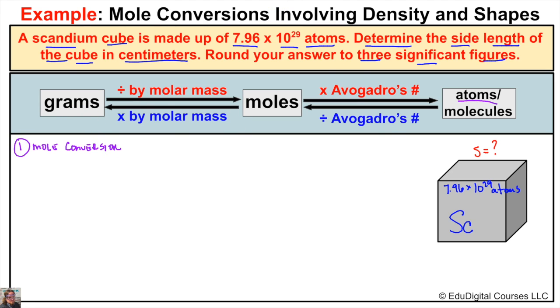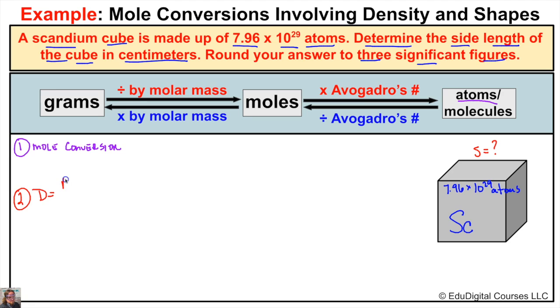Once we figure out the mass of the cube, what can we do next? Well, let's think about this. If we know the mass of the cube, can't we figure out the volume of the cube by using the density formula? That's exactly what we're going to do. So once we figure out the mass in grams, in step 2, we are going to use the density formula.